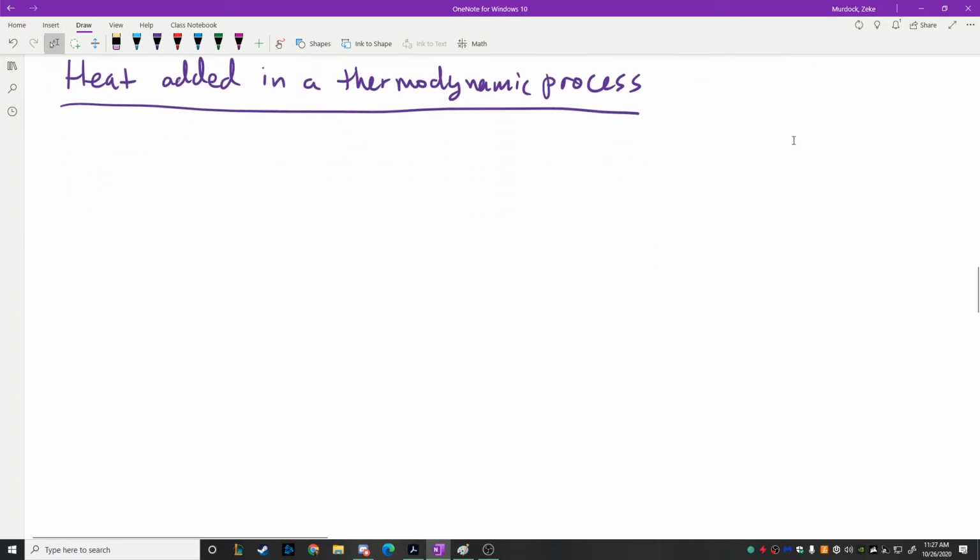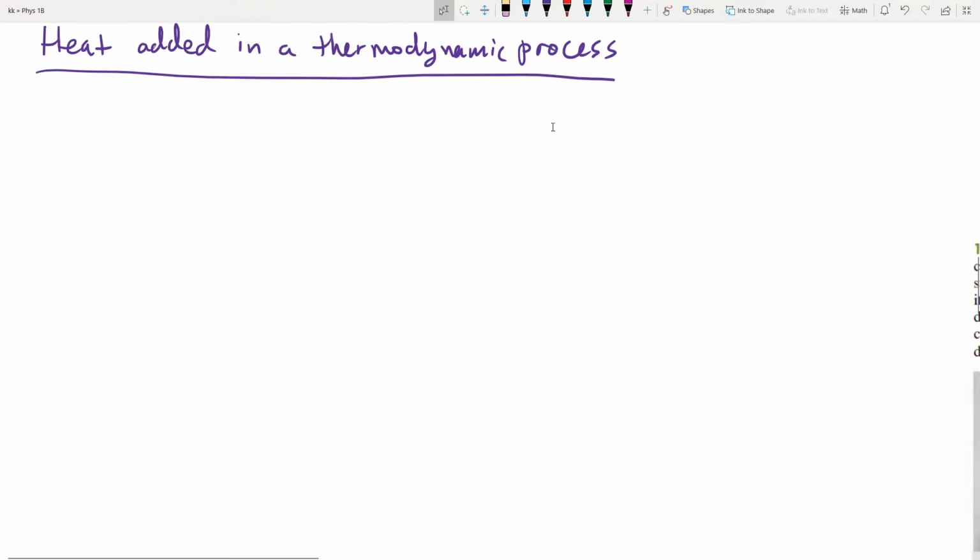Okay. So similar to the way that the work happens, we can also say that the heat added also depends on path, and not just the endpoints.